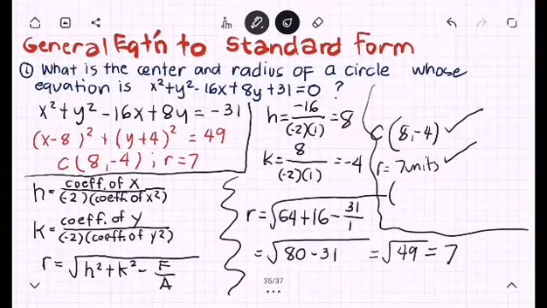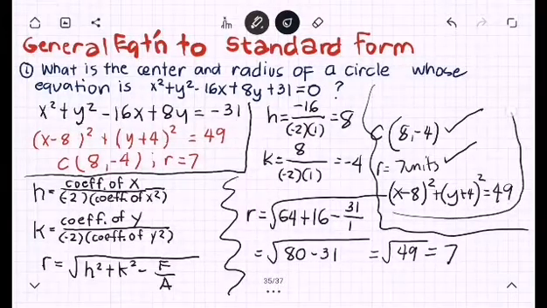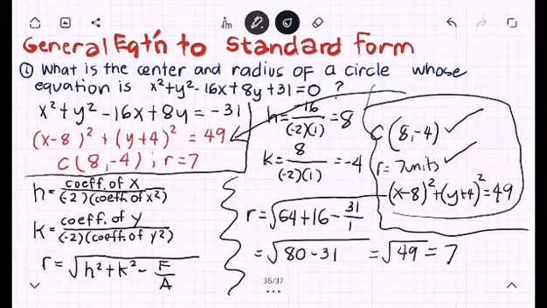So ang standard form, kapag meron tayong center na 8, negative 4, so we have x minus 8 square plus y plus 4 square. So, square ng 7 is 49. Okay, so ito naman yung standard form. So, parehas ito dito. So, magkaiba lang yung ginawa nating way. Still, parehas naman yung naging sagot.